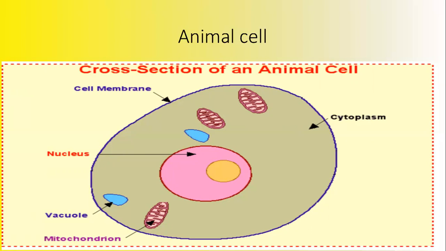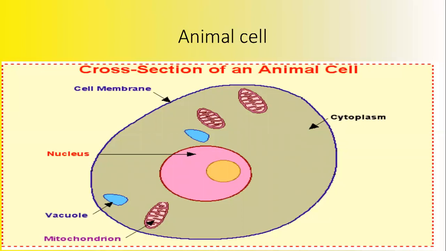It is inside the cell membrane. All the organelles of the cell are suspended or floating in it. Yes, it is fluid. So all the organelles of the cells are suspended or floating in it.